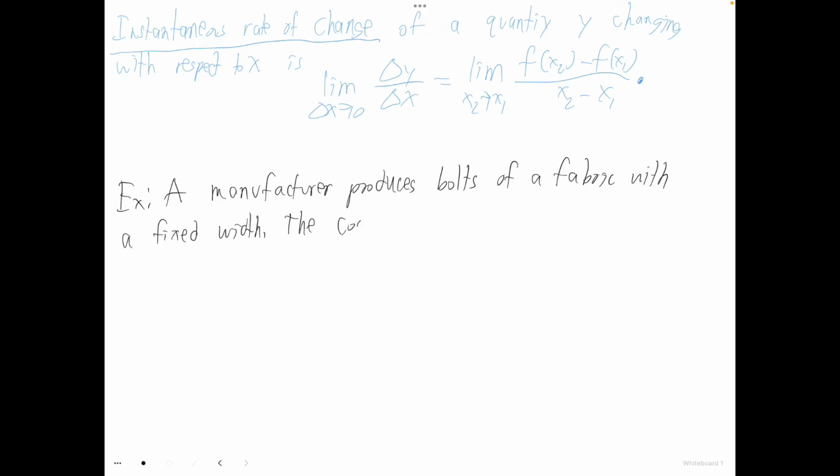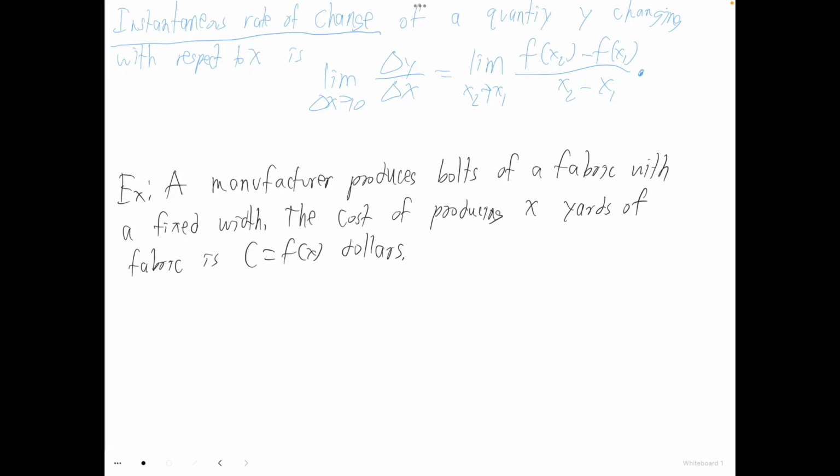The cost of producing x yards of fabric is C equals f of x dollars. So we just have a function, C, which equals f of x, that tells us how much it costs to produce x yards of fabric.